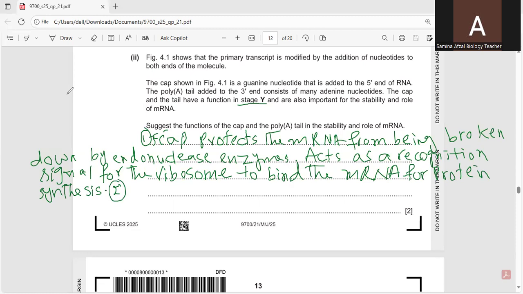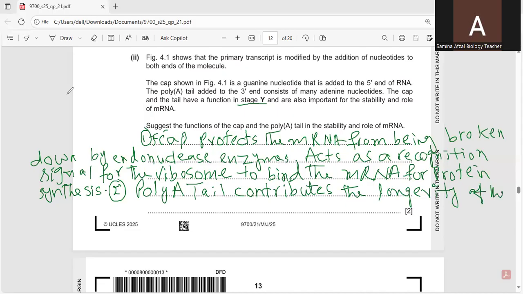So the polyadenine tail contributes to the longevity of the messenger RNA.